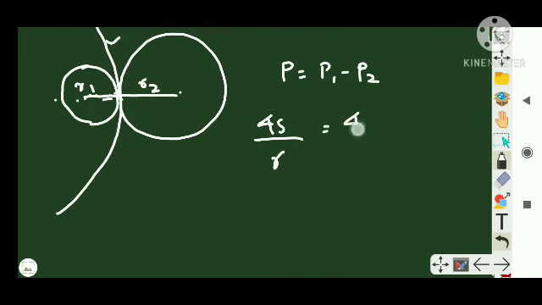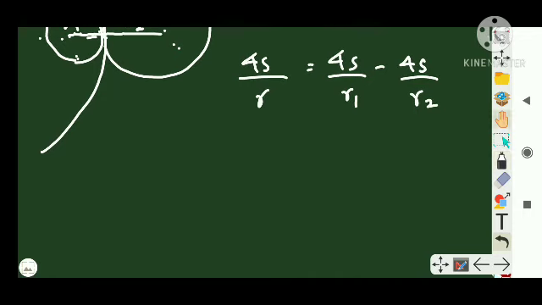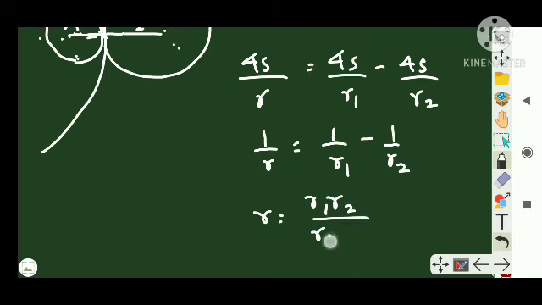P1 will be 4S by R1. P2 is 4S by R2. Now we know R1 is very small when compared to R2. So this equation can be written as 1 by R is equal to 1 by R1 minus 1 by R2, or I can write R is equal to R1 R2 divided by R2 minus R1.